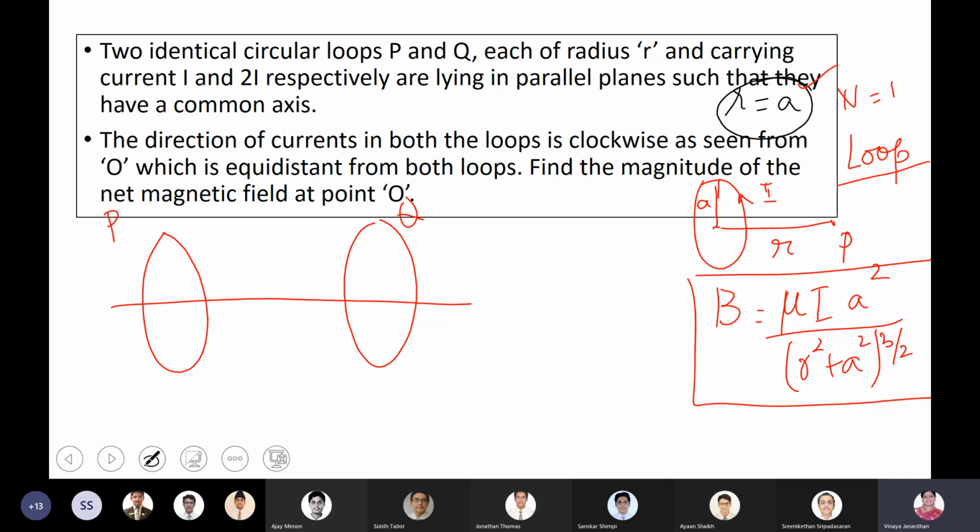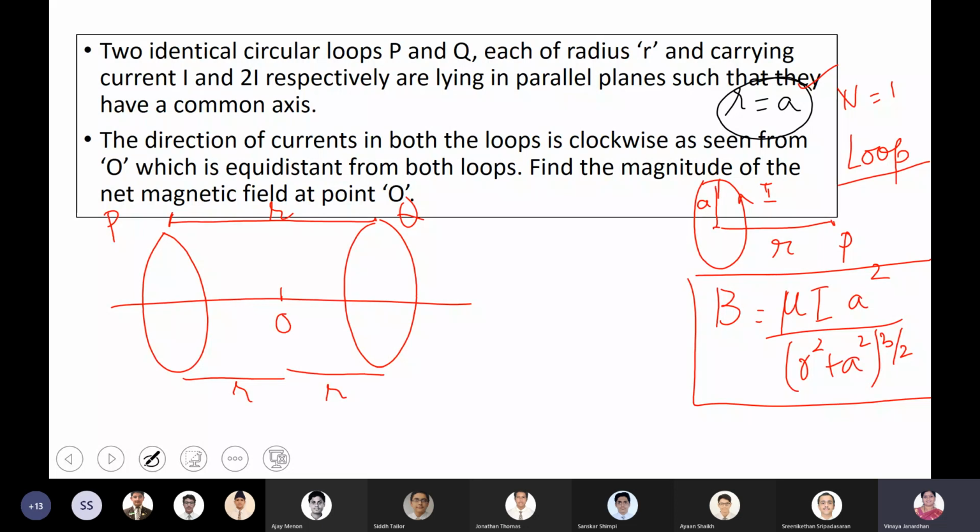As in the diagram, the distance between the centers of both the loops is R. Now, the direction of the current in both the loops is clockwise as seen from the point O, which is at equal distance from both the centers.